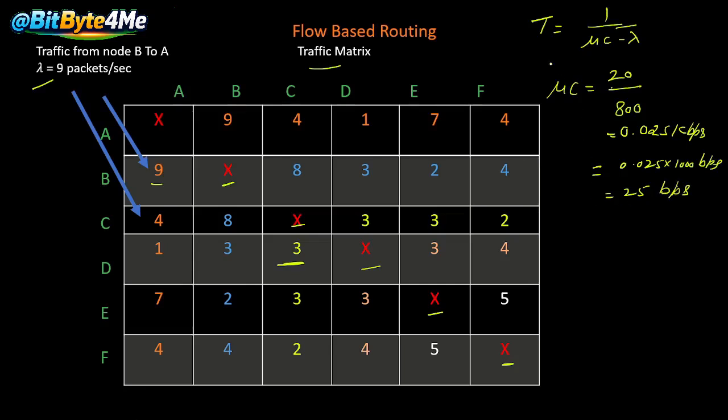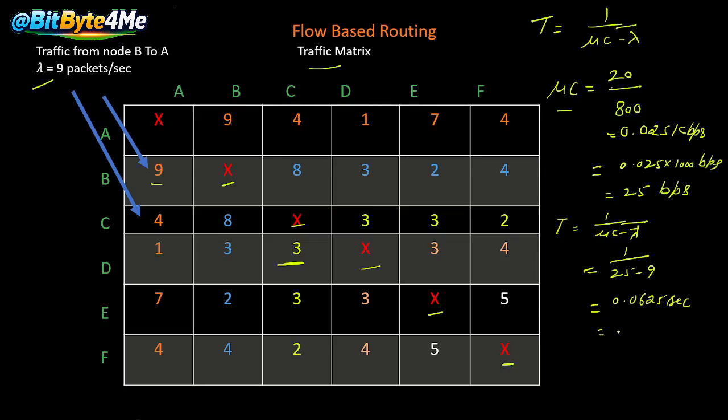So this is the value of mu C, and for calculating the value of T, we use 1 over (mu C minus lambda), and its value is 1 over (25 minus 9), which comes out to be 0.0625 seconds.